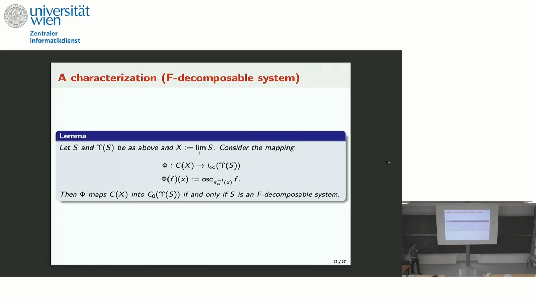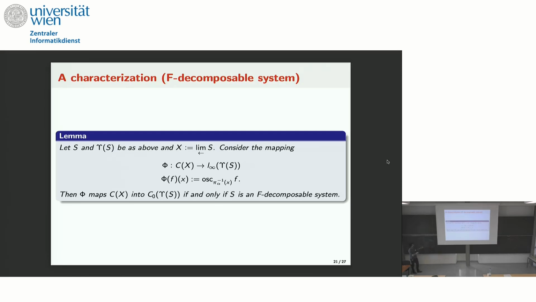And the result is that whenever we take a continuous function over the limit, let's say this is the limit, we have a continuous function over the limit, and we look at the lower levels. These lower levels correspond to some points x in some level X_alpha.